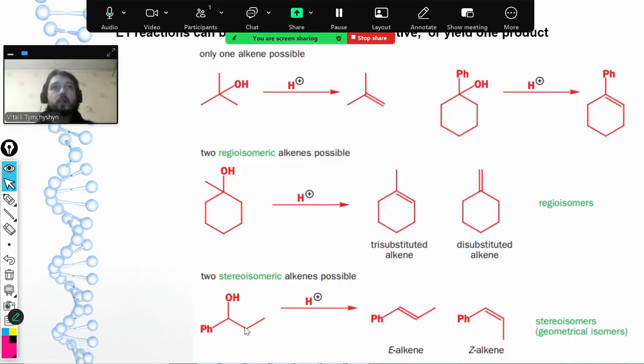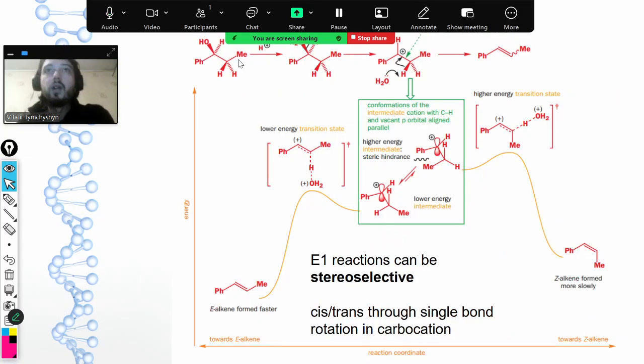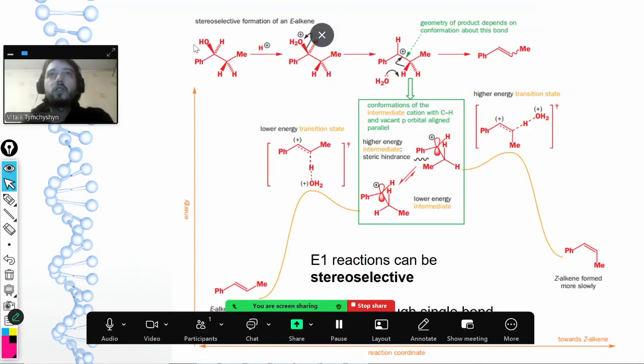You know that single bonds can rotate, and at the moment when these electrons flow, if you catch this part in this conformation, you get the trans configuration, or if you catch it in this conformation, you get this configuration. Here's one more example of the stereoselective formation of the E-alkene.